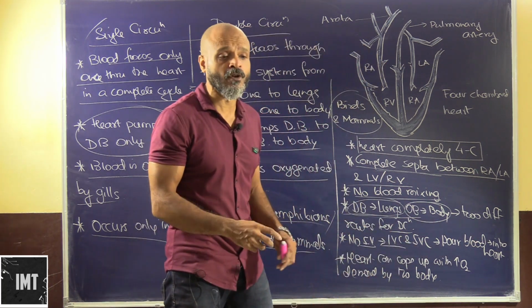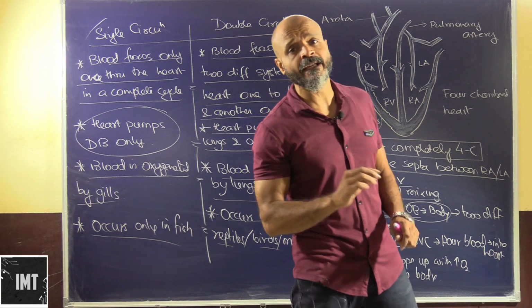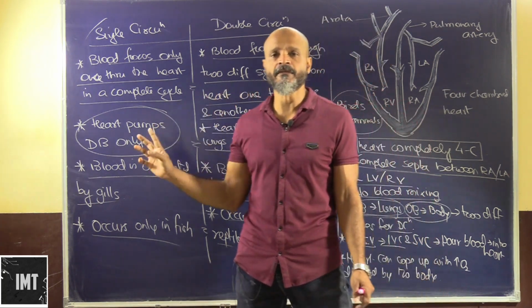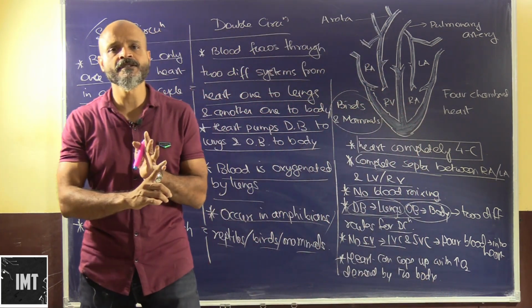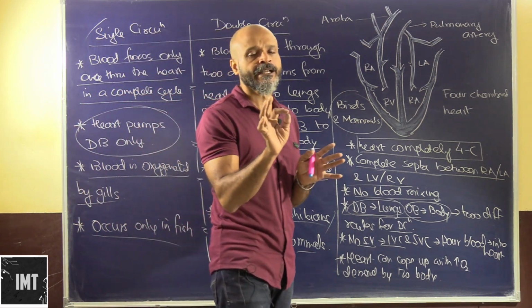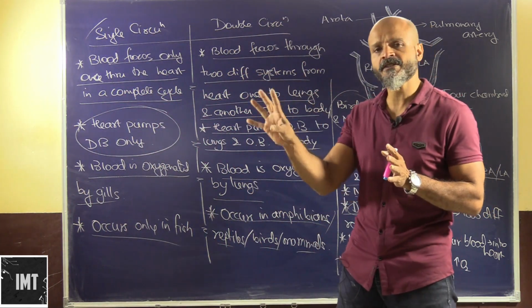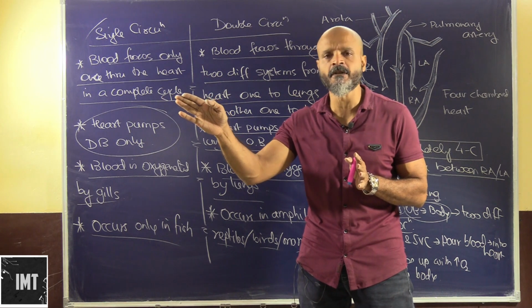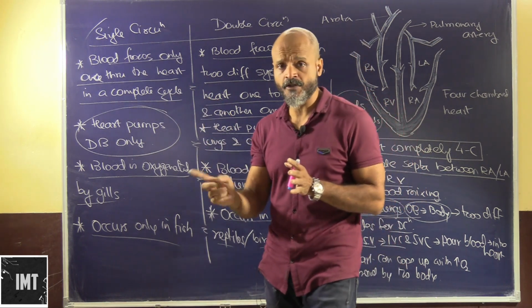So now if you look, the heart is now pumping pure oxygenated blood to the various parts of the body. In fishes, there was no role of the heart in pumping oxygenated blood. It was just pumping deoxygenated blood, which while passing through the gills got oxygenated.